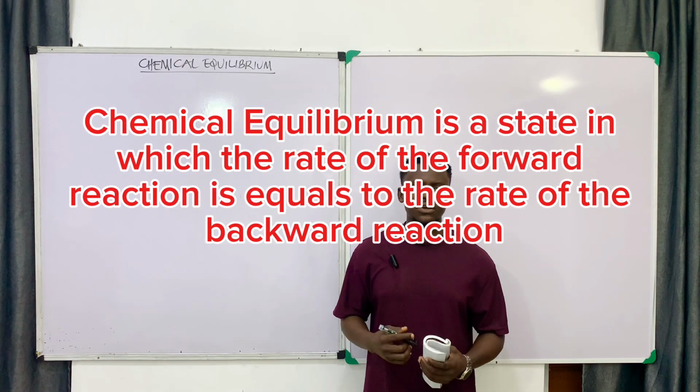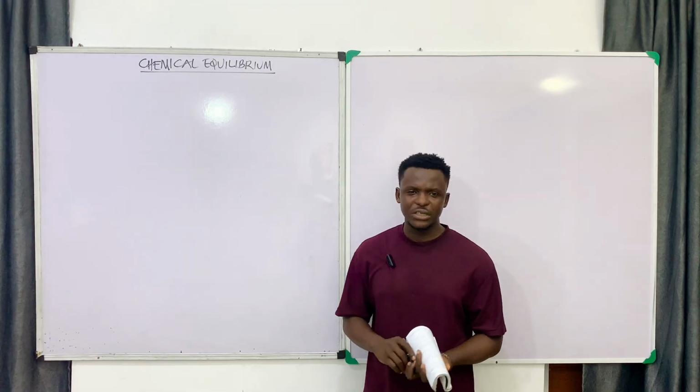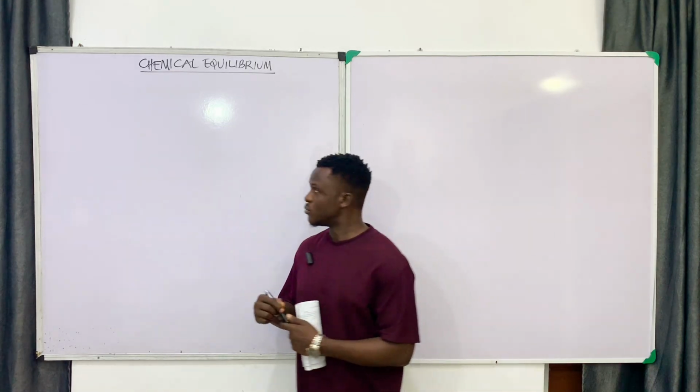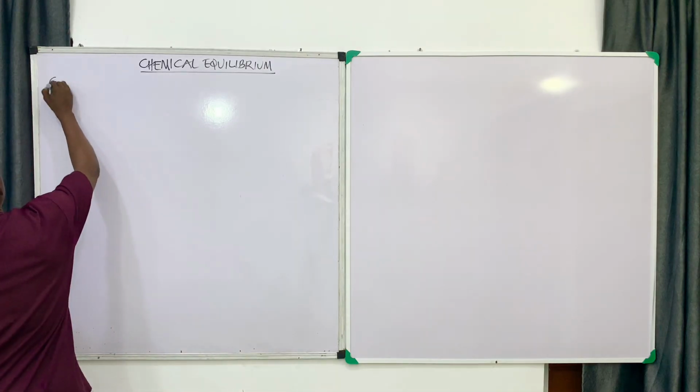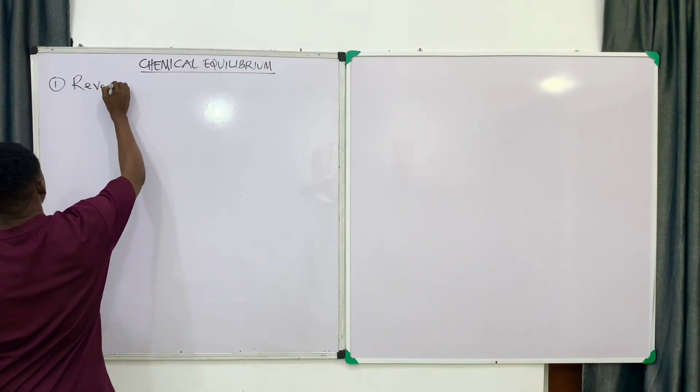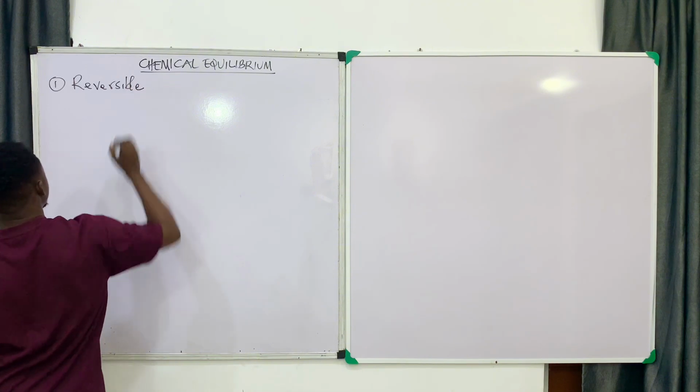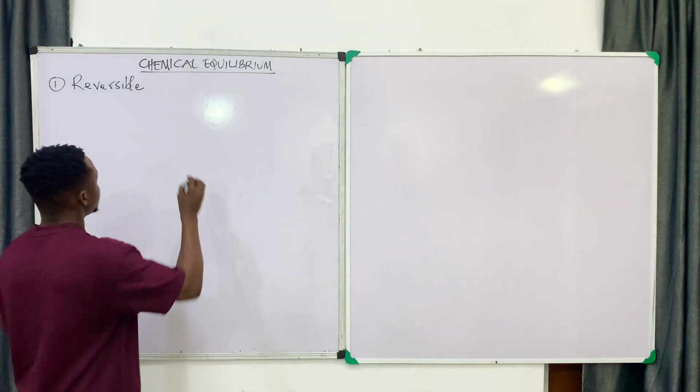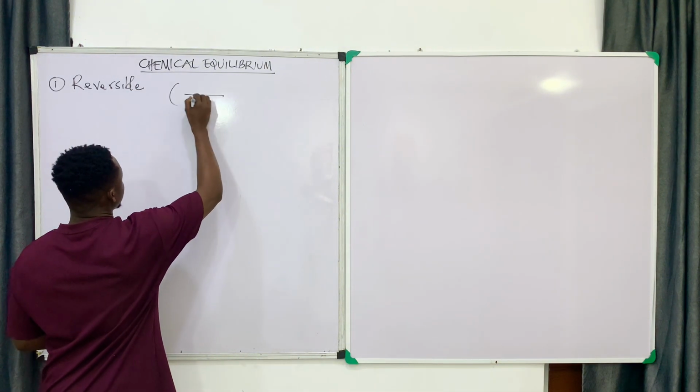Now, what are the features of chemical equilibrium? Number one feature is that it has to be reversible. It has to be reversible. For something to be reversible, we have to see this arrow.